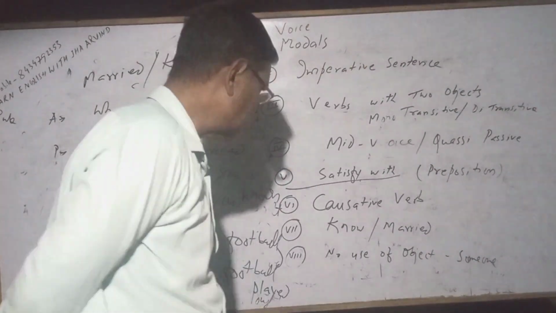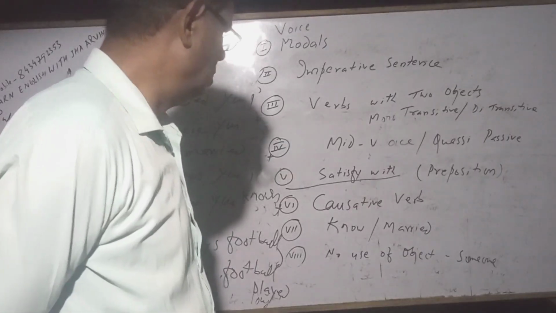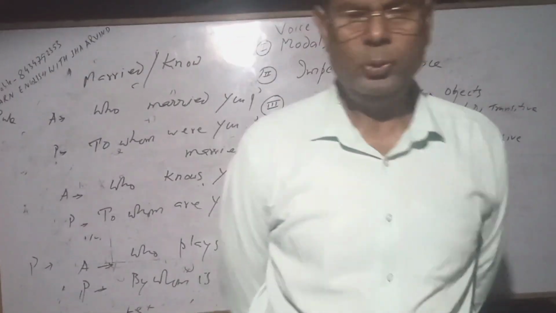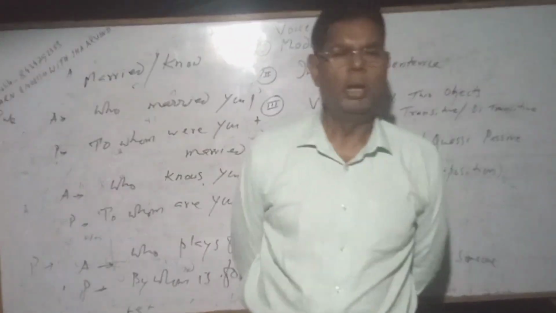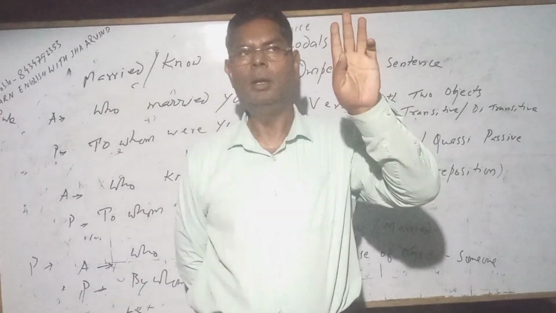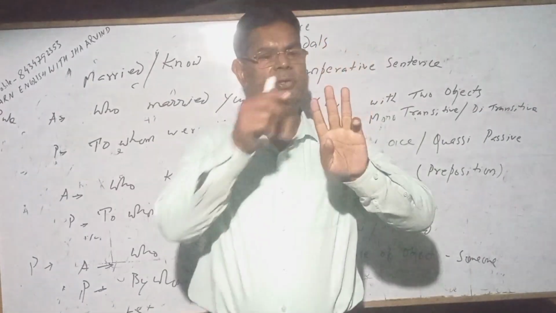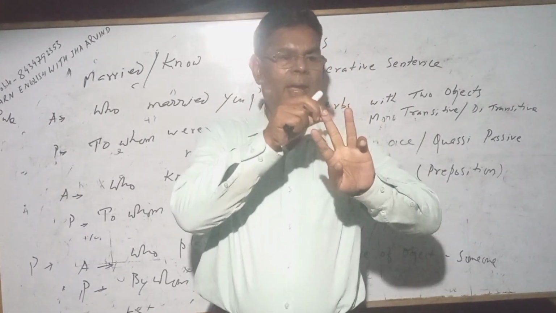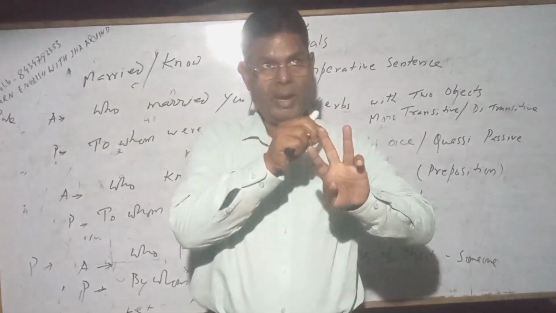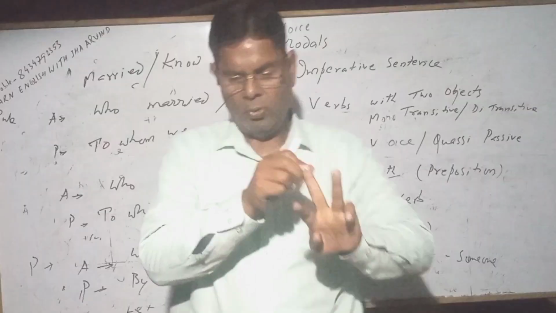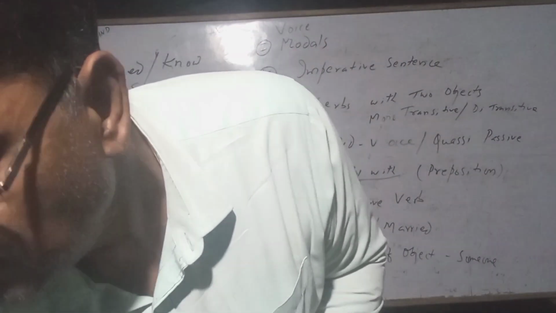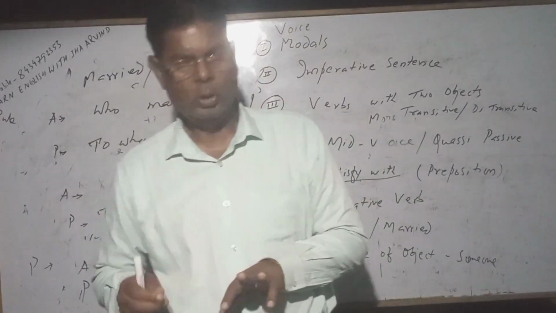Now, I'm just going to tell you causative verb. You should know there are only three causative verbs in English grammar. One is get, make, and one more is have.